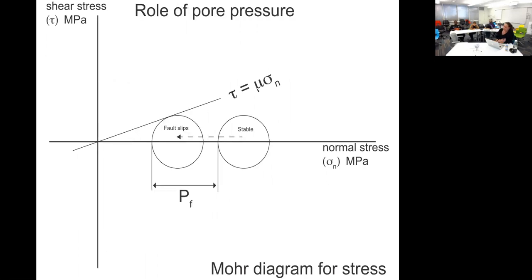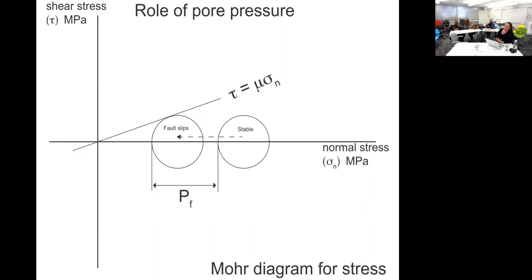Okay, so this is the key. The reason why I'm going through all of this is to remind you of the role of pore pressure in the faults. Because if you have some stress condition here on the right, which I've called stable, that stress condition is going to have no slip on the faults because it's nowhere near the failure envelope. The key thing that pore pressure does is it presses out evenly in all directions against the confining stress in the rock. And what that does is effectively lower the normal stress, but it does not affect the shear stress.